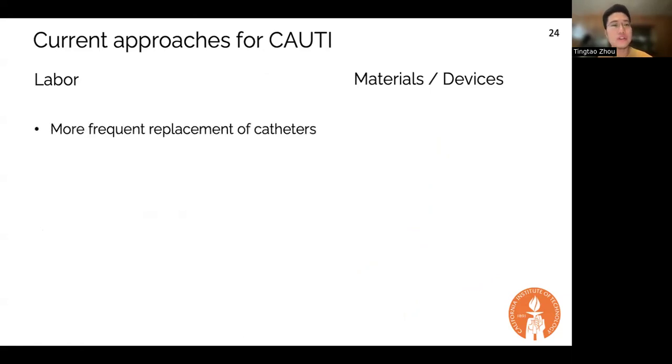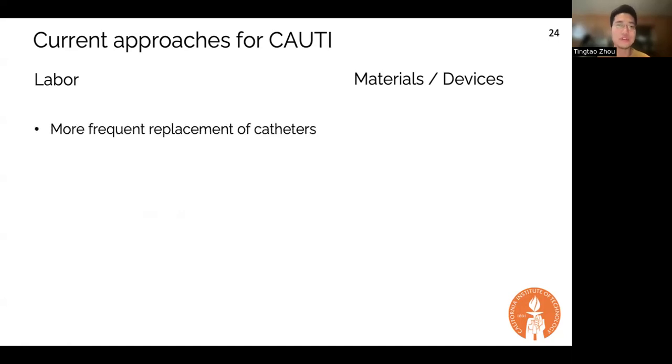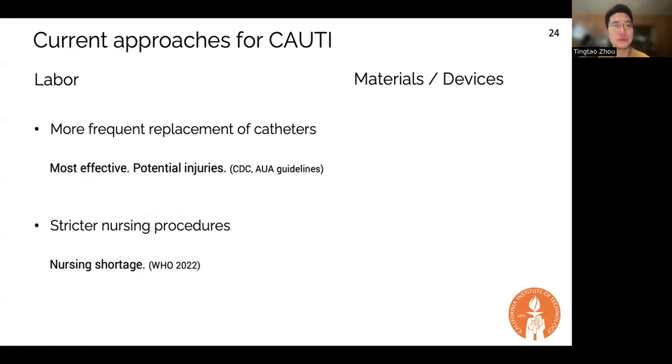What are the current methods to solve this issue? What people have mainly been practicing in the hospitals is to try to replace the catheters more frequently.